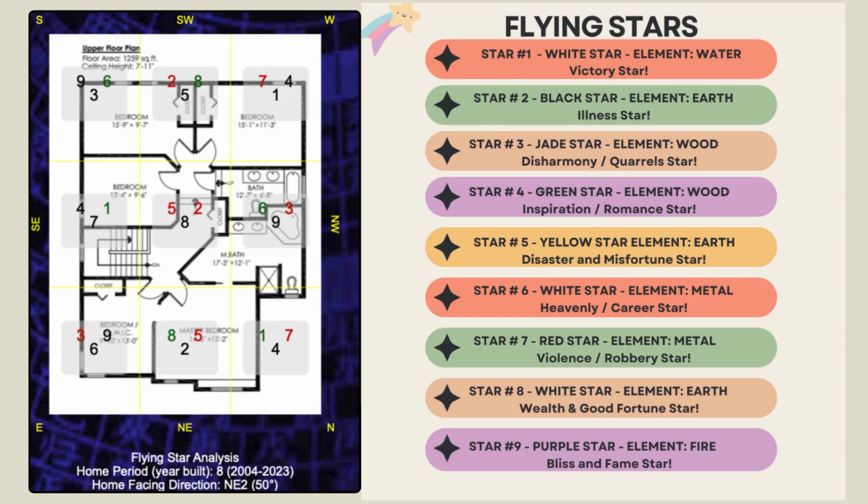It's a beautiful star to work with. Star number 9. So we've got the purple star. That element is fire, and this represents your fame and your bliss. So it's a good idea to get familiar with what the stars represent, and that will help you with incorporating that into your layout.